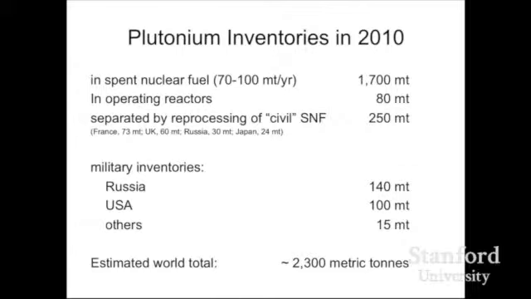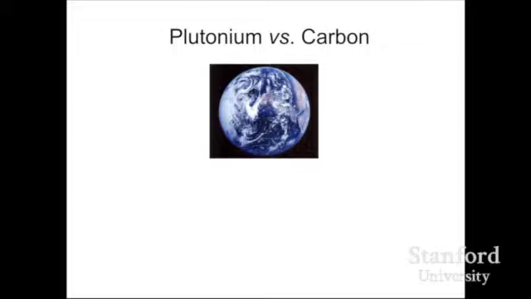But what we can observe is globally, we've stranded 250 metric tons of plutonium in the system. Okay? And this is an important issue, and that's why I say carbon versus plutonium. Plutonium is the most interesting and I think the most problematic of the elements associated with the nuclear fuel cycle.